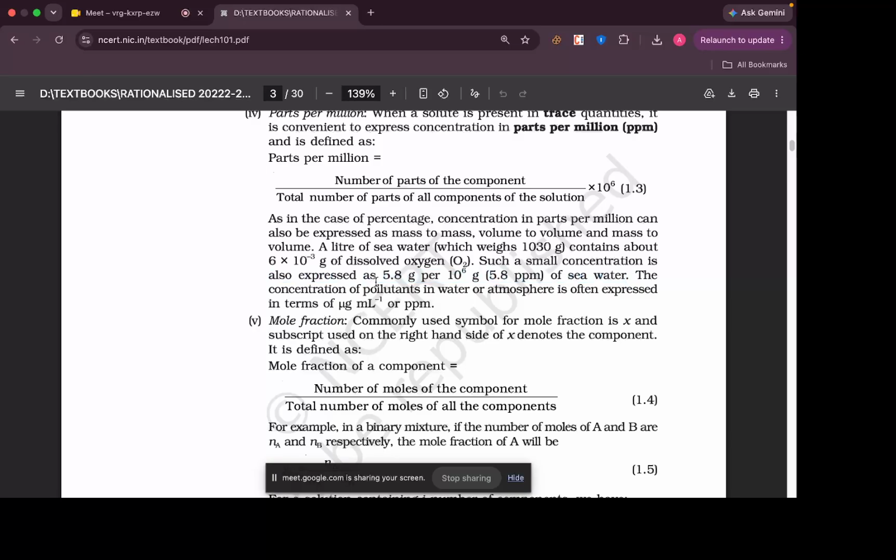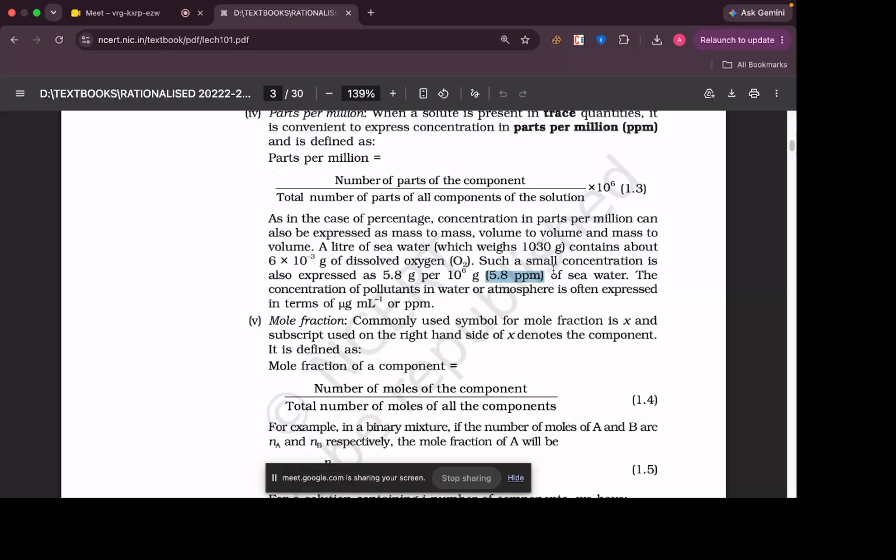So how can you think, just 1 liter of sea water is having only such a small trace amount of dissolved oxygen. So rather than writing such a complicated term, 6 into 10 to the power minus 3 gram in 1030 gram, better we will write it in ppm terms simply as 5.8 ppm.